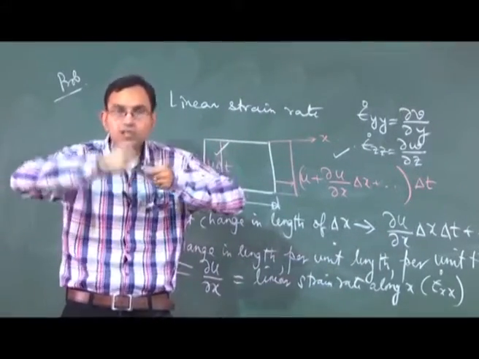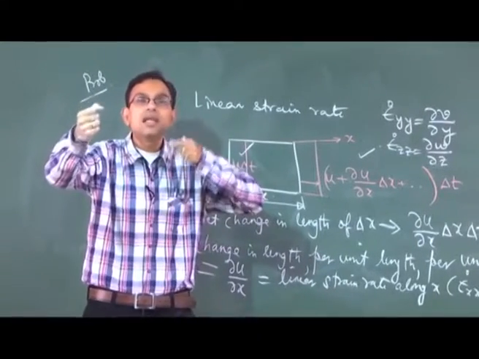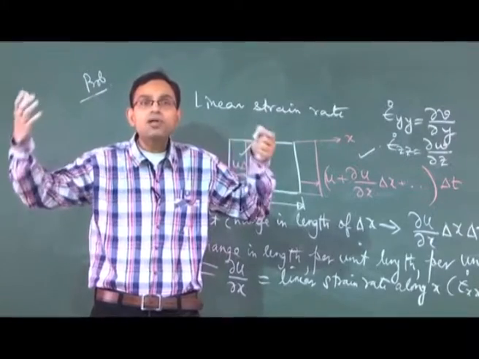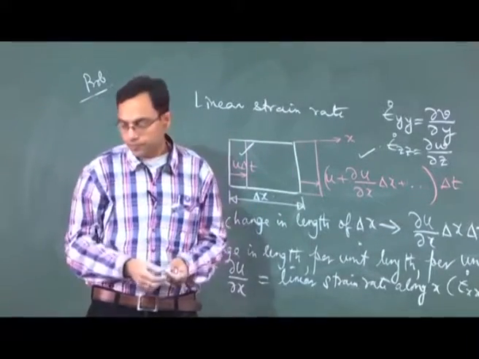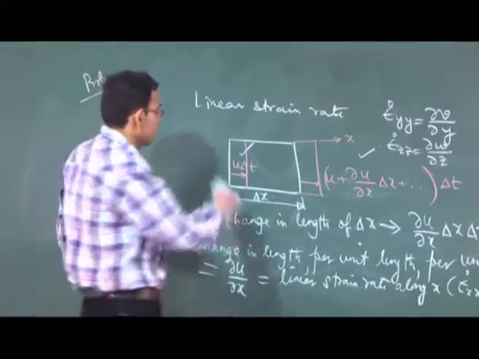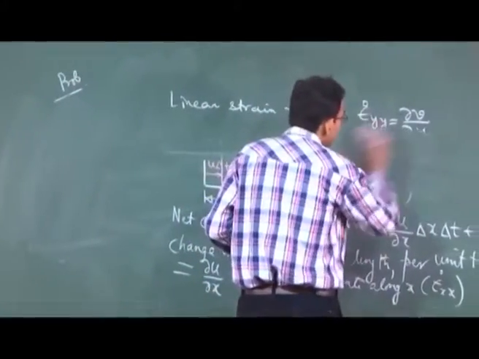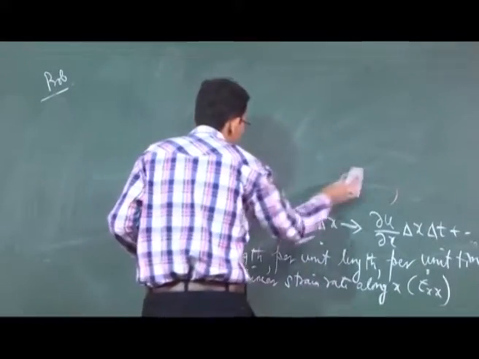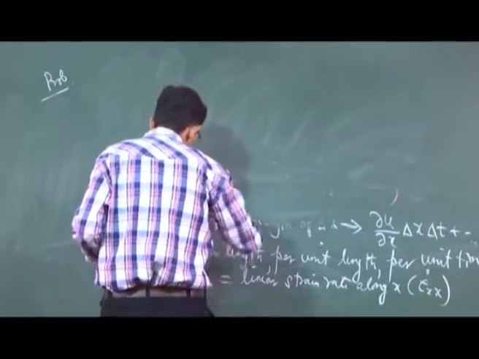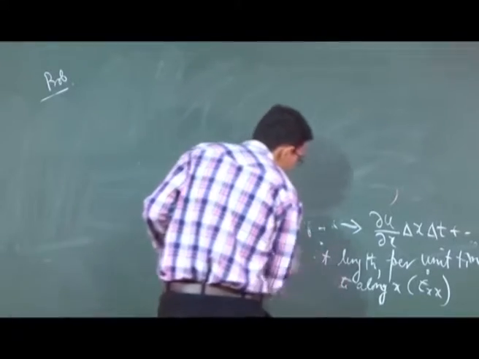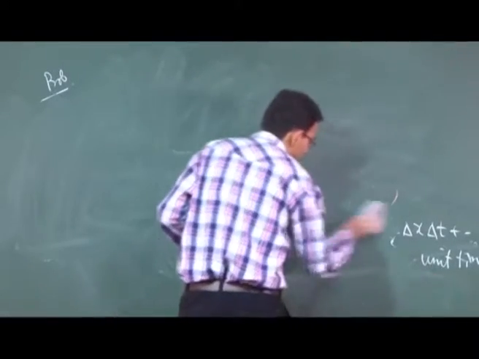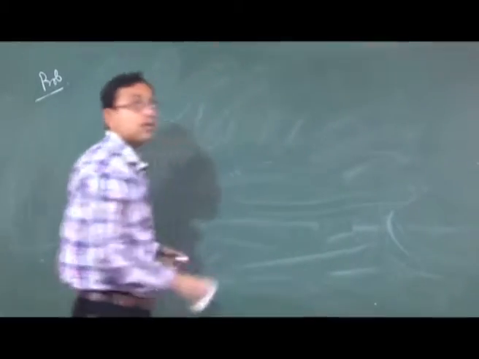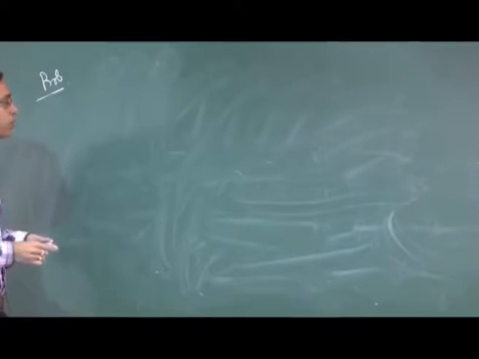So how fast or how slow it is changing either lengths or angles, whatever, this is important in the physical space. So with this understanding, let us see at what rate the fluid is changing its volume. So volume change will be a consequence of the length change along x, y and z combined together.